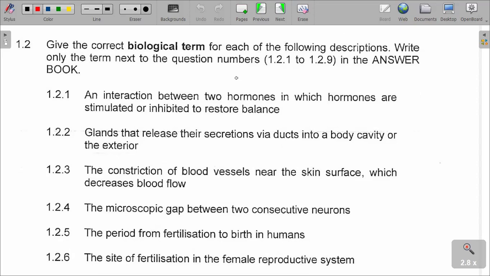An interaction between two hormones in which hormones are stimulated or inhibited to restore balance. What do we call that? This is a negative feedback mechanism or a negative feedback loop. So it is called negative feedback.